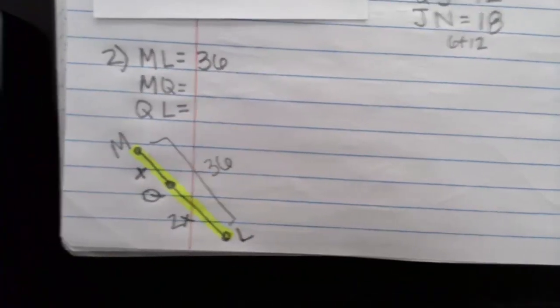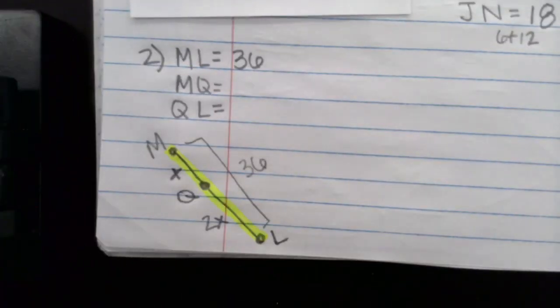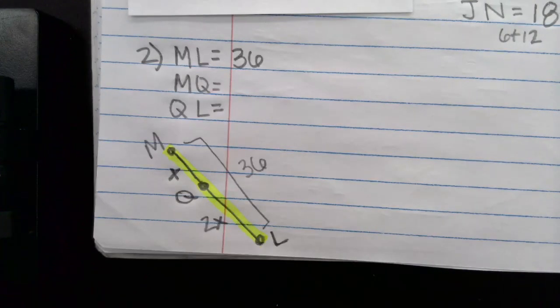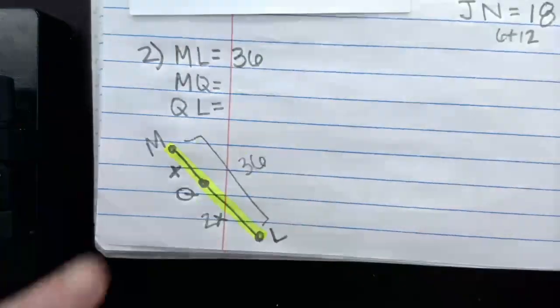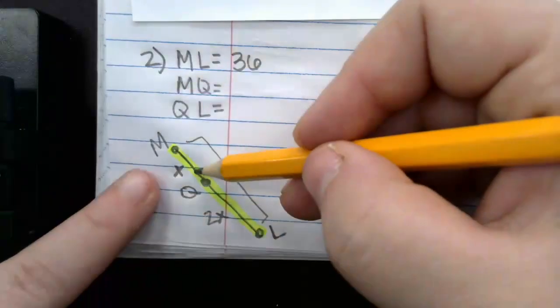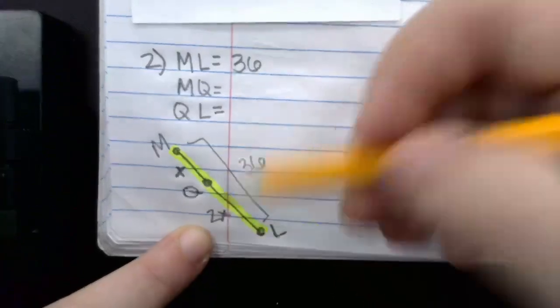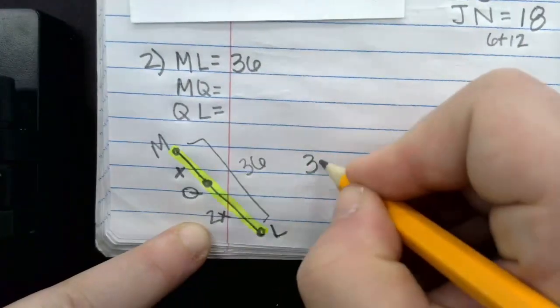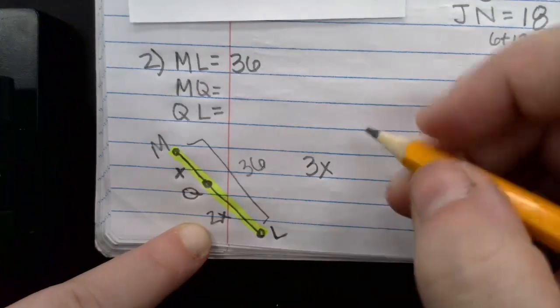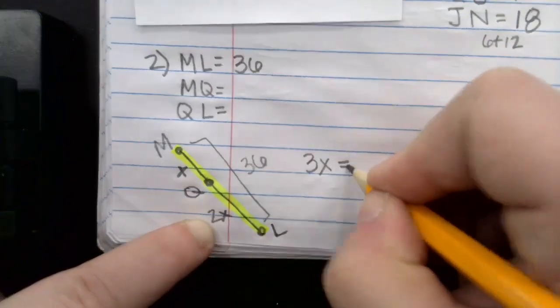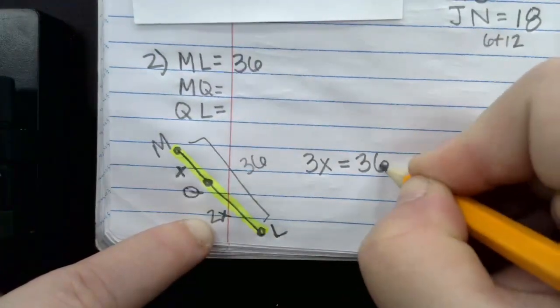Now 36 though is the whole thing. It's from M all the way down to L. So how many x's are this whole thing? 3. I have an x and I have 2x, so together that would be 3 x's. And all 3 x's together equal 36.